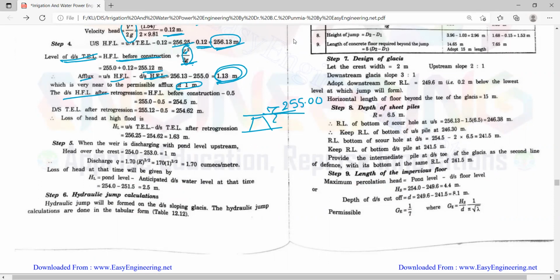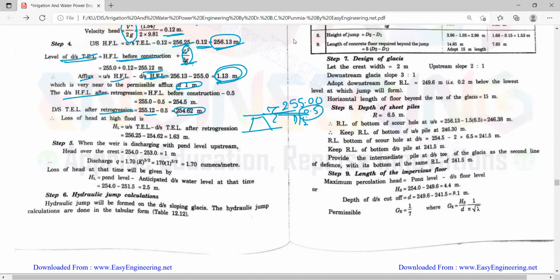Velocity of flow will increase on the downstream side. According to continuity, the depth of flow will decrease. That decrease in the depth is 0.5 meters. So finally, we need to calculate the high flood level after considering retrogression effect. So 255.12 meters will be the downstream side high flood level minus 0.5, you will get 254.62 meters.